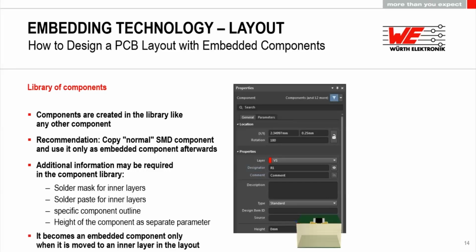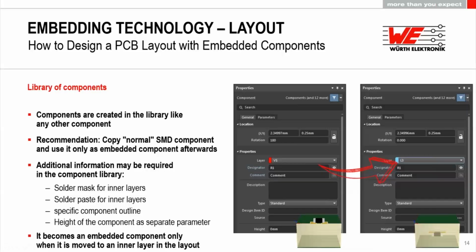And an embedded component actually becomes an embedded component when it's moved into the inner layout of the layout. And you see this here as an example in Altium Designer. Here's the Properties tab of Altium Designer. When we look at this small resistor here, we move it from the top layer. I call it VS for the German Vorderseite, but it's the top layer, and I moved it to layer 3.